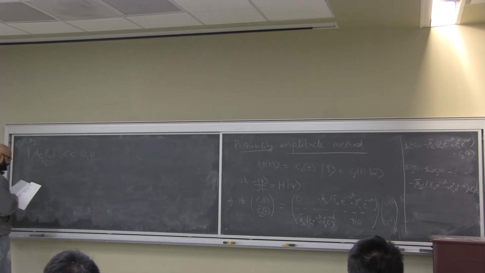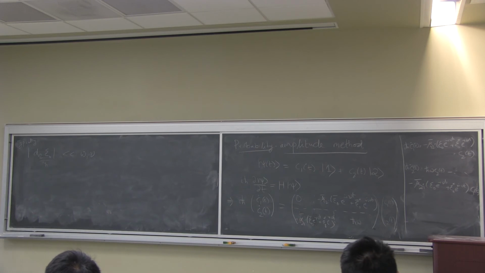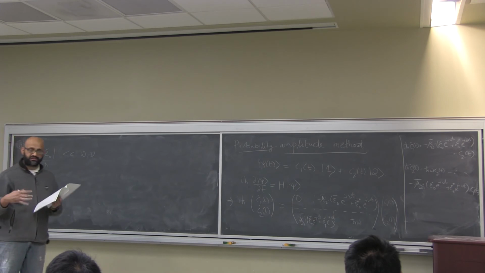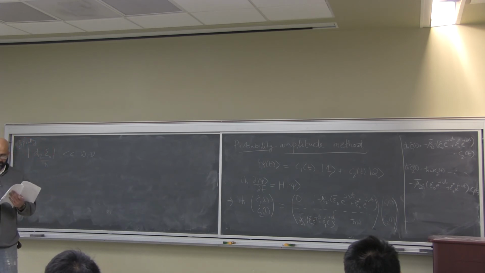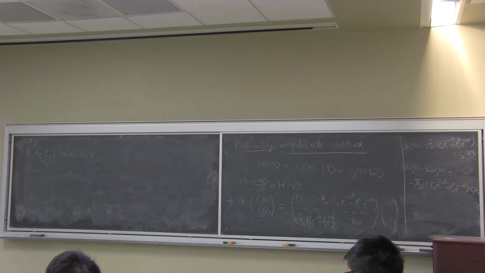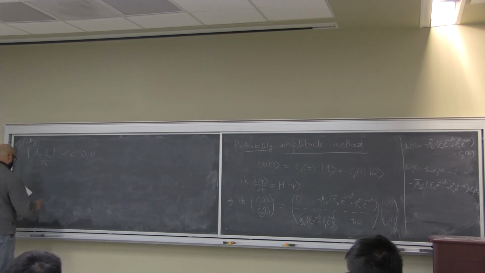Physically speaking, C2 of t, for example, is going to oscillate with a frequency comparable to the optical frequency or the driving frequency. But that's not interesting to us. So let's focus on the evolution by defining this new slowly varying amplitude.